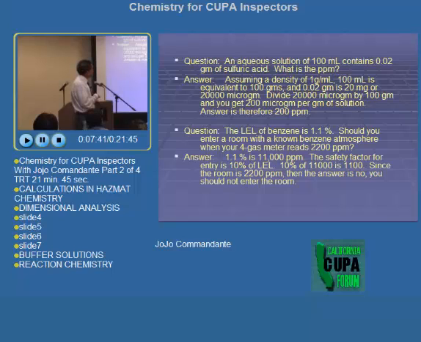But then this one is 0.02 gram, which is 20 milligrams. You just convert gram into milligram, 10 to the minus 3. Or 20,000 microgram. Divide 20,000 microgram by 100 grams, and you get 200 microgram per gram.